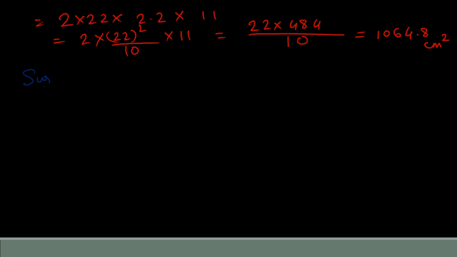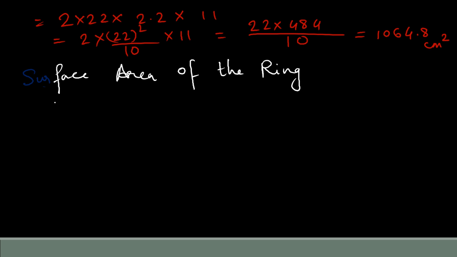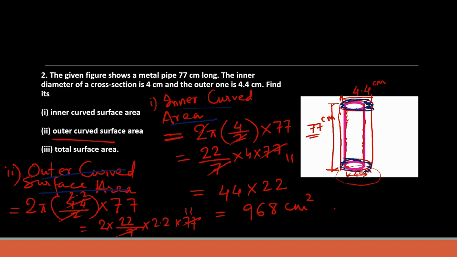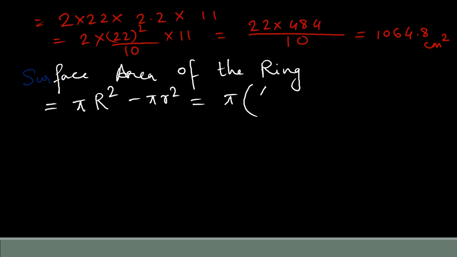Okay, so surface area of the ring, let me use white, that is better I think. So this will be pi capital R square minus pi small r square. So what is capital R? Diameter is given as 4.4 divided by 2, minus pi small r square.